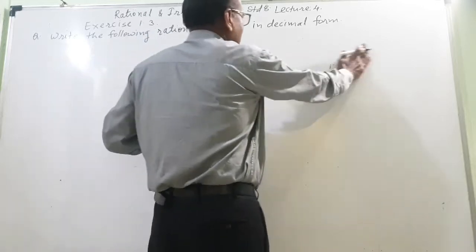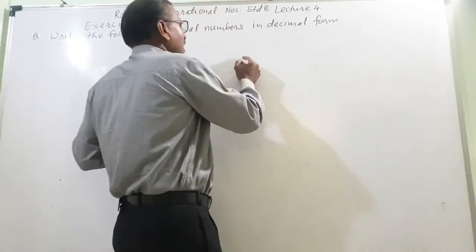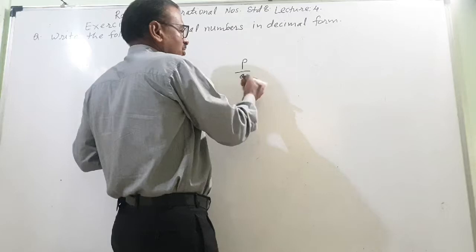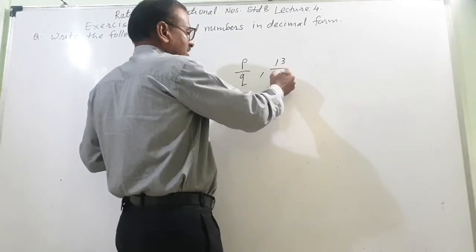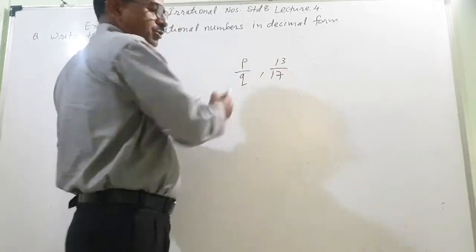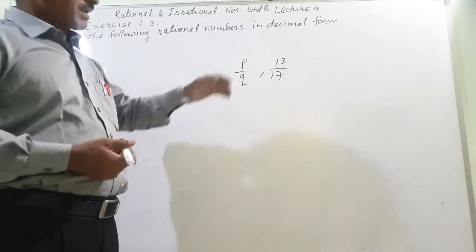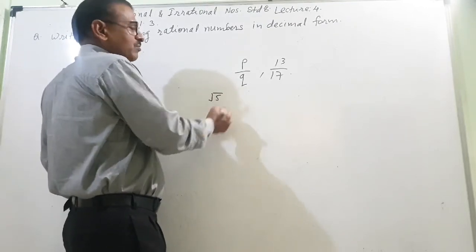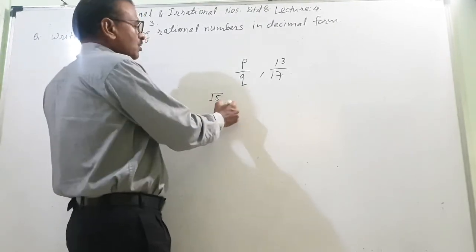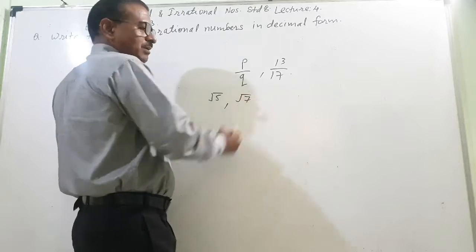And rational numbers, how are they? They are in the form P upon Q, meaning numerator upon denominator. Say 13 upon 17. This is P, this is Q. So these are the rational numbers. Which are the irrational numbers? Root of 5, irrational number. Root of 7, irrational number.